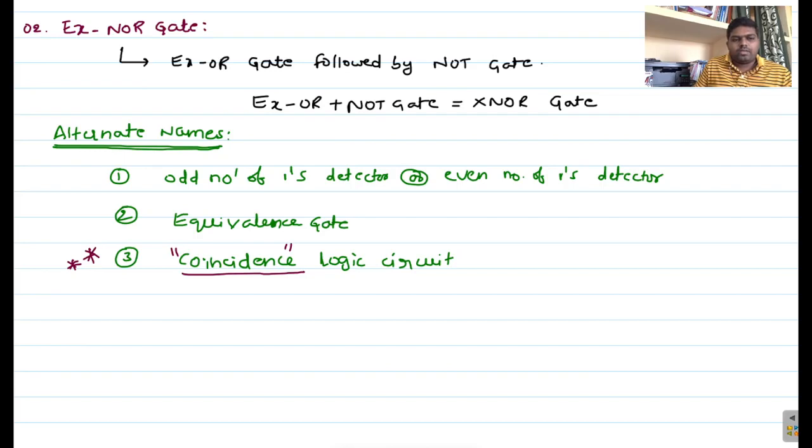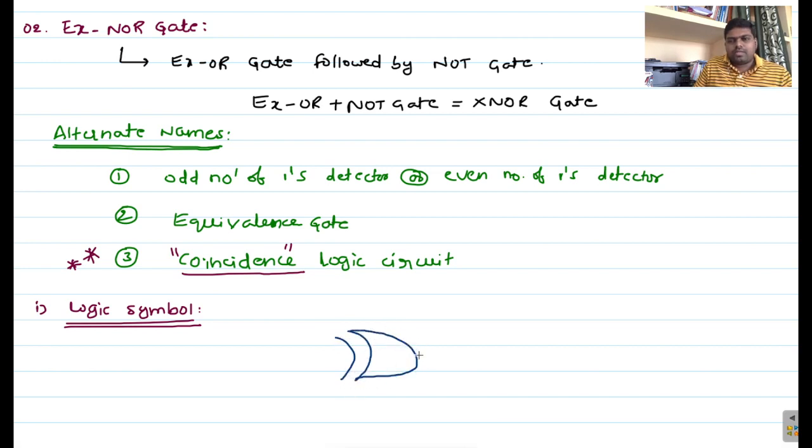And the next one is logic symbol. Additionally, we need to add one bubble here. Same as XOR gate only, but we need to add one bubble in front of that particular logic gate.